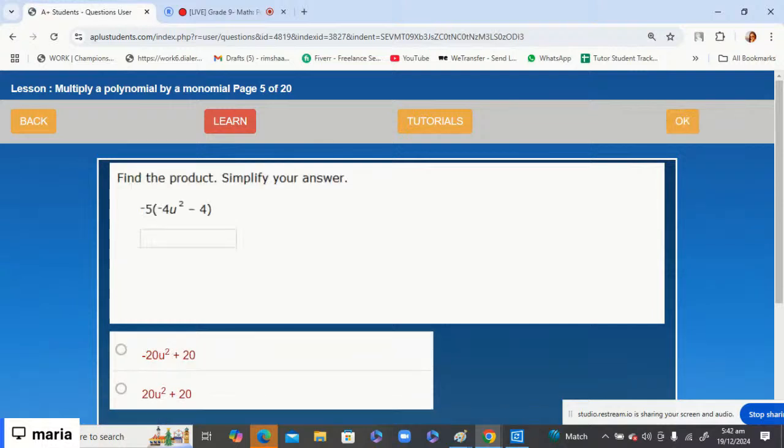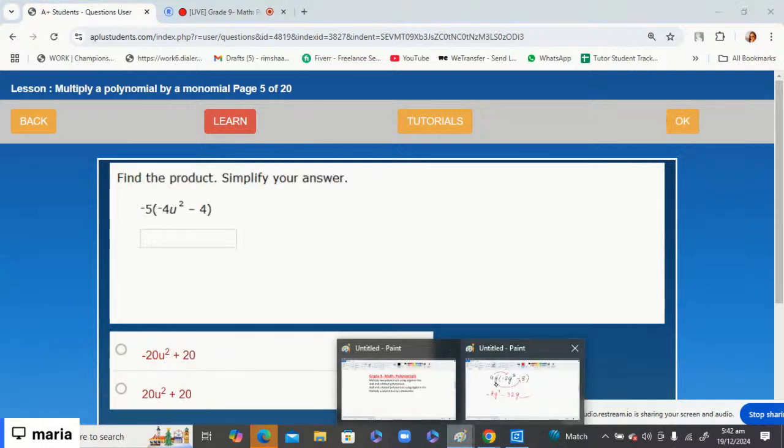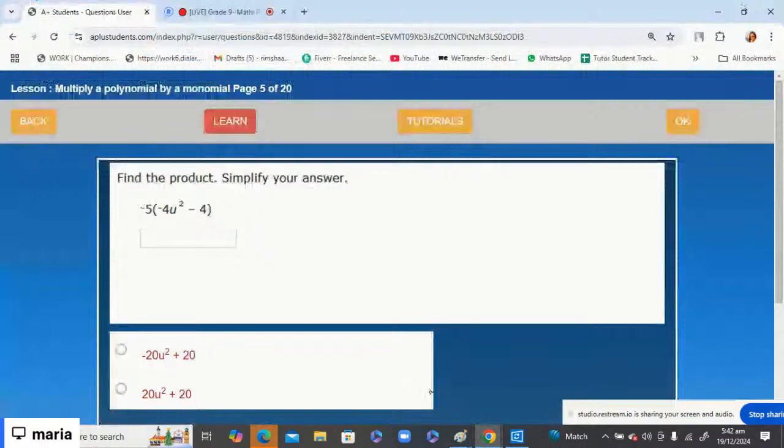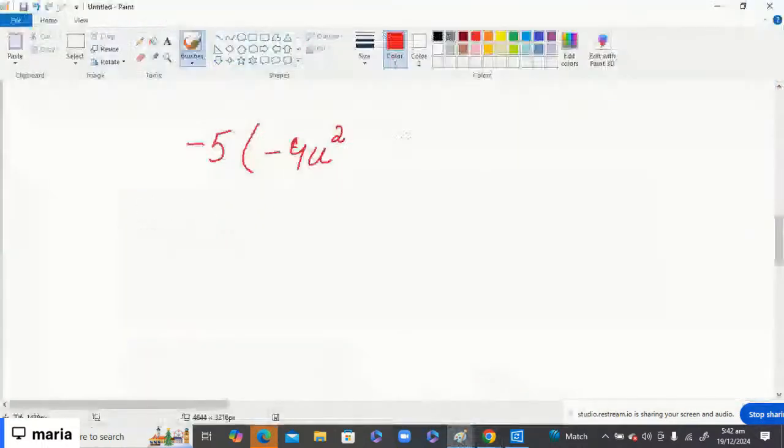Now minus 5 into minus 4u square minus 4. Okay, now you guys think about it and then I'll just write the answer. What is the answer of this one?